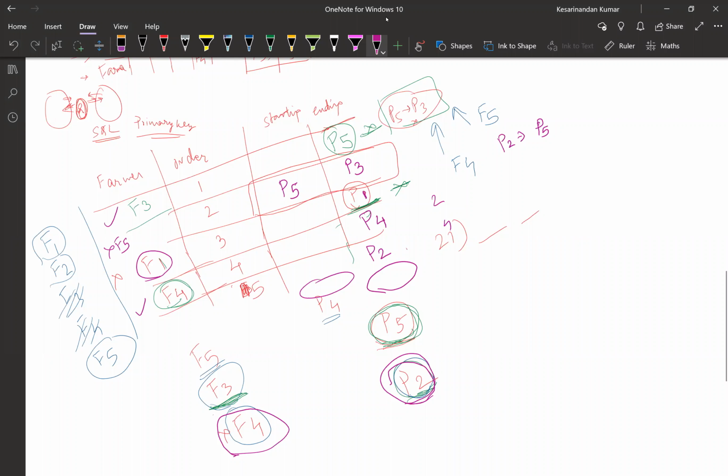So F5 can only be either here or here. Is this part clear? Yes, everyone? Kesri. Others? Yes, Kesri. Okay, perfect. Great then.